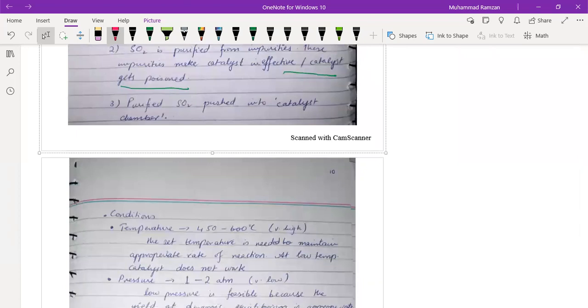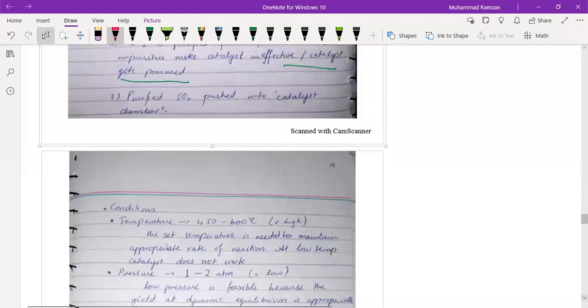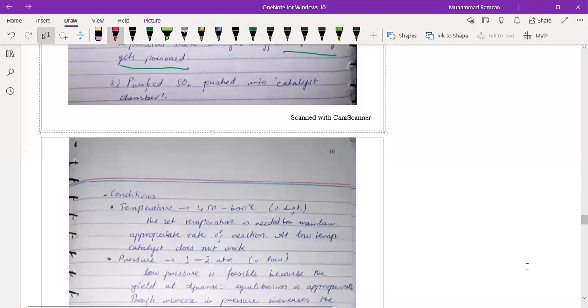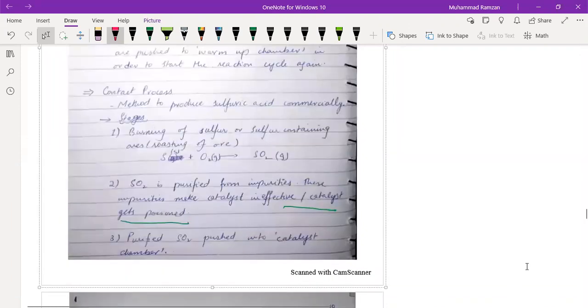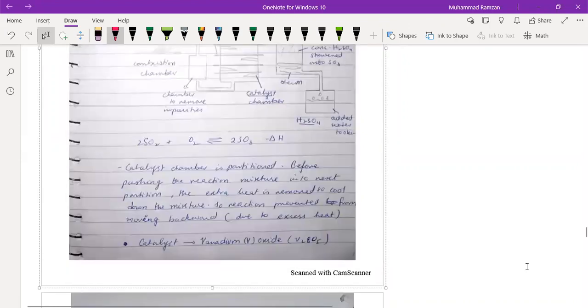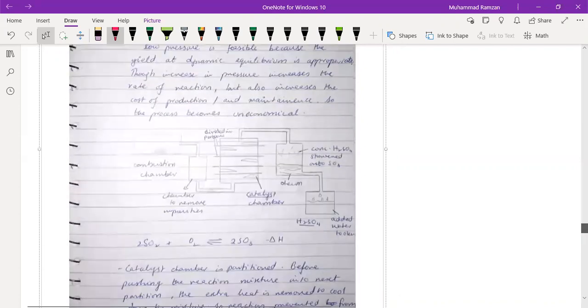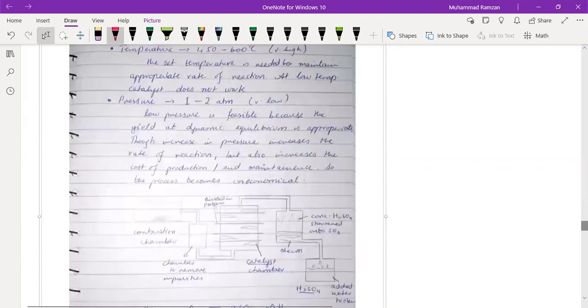And what are the conditions? Let's have a look. Condition number 1, temperature.